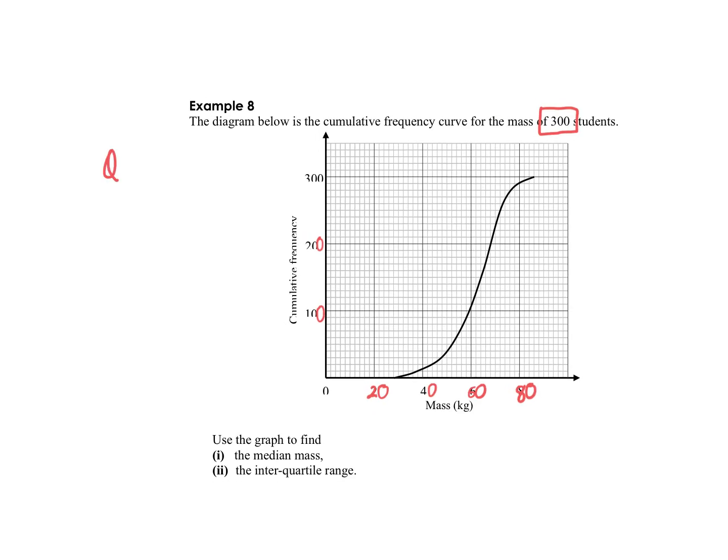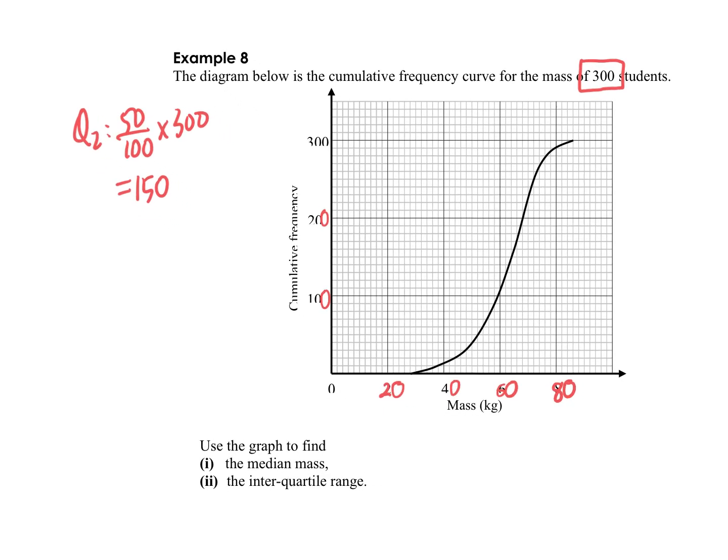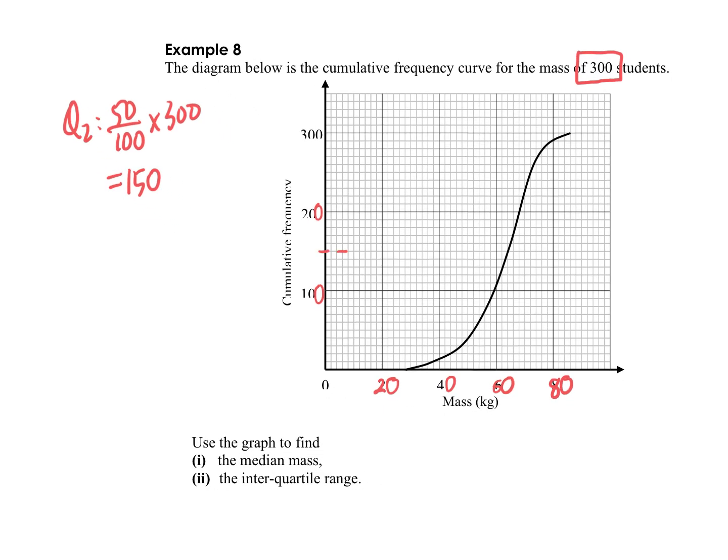So quarter 2 means go and find 50% of 300 students. I want to know what is the mass of 150 of them. 150 is here. But go and read the mass for me. Don't just stop at 150. 60. Yeah, one box is 2. So the quarter 2, 50% of them, is 64 kg or less.